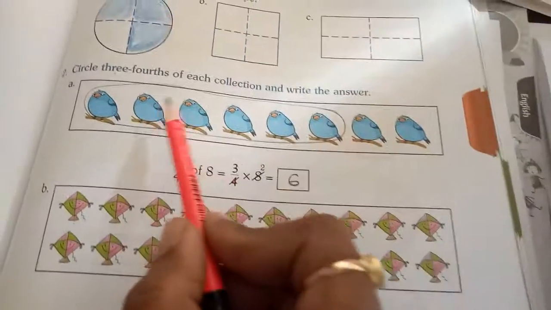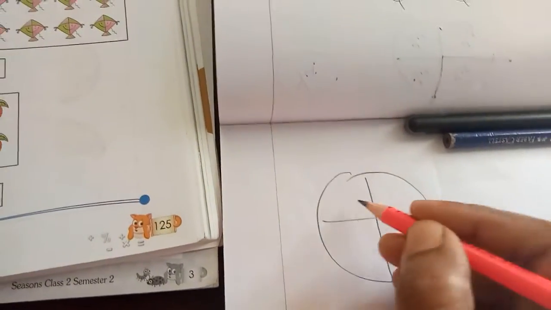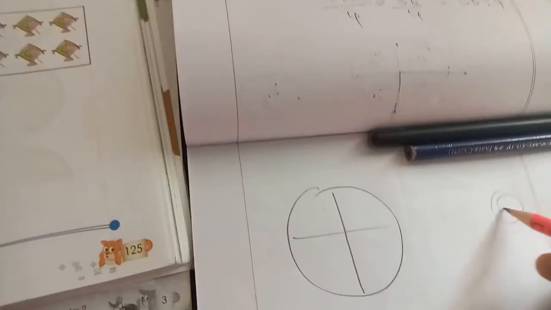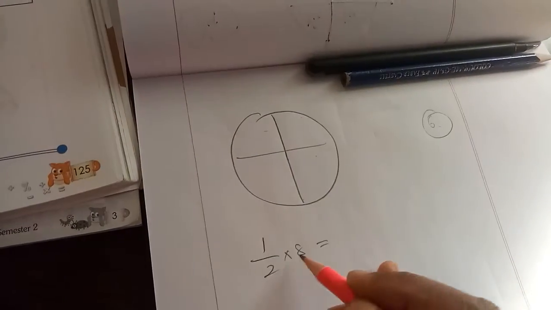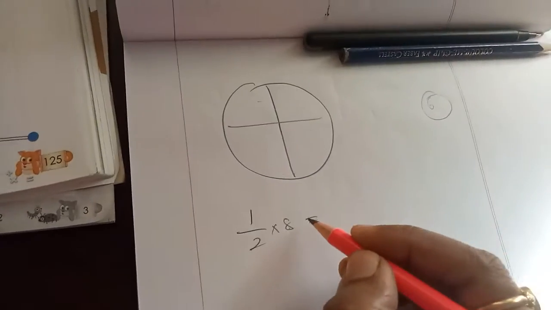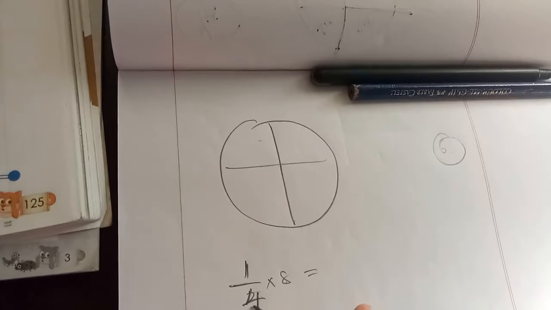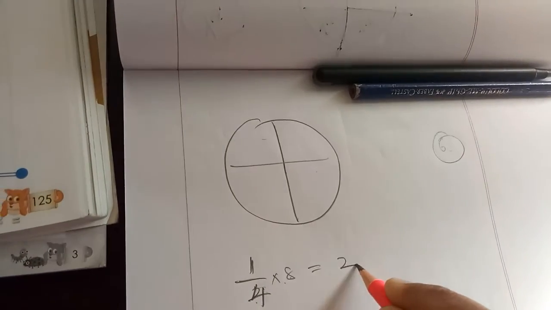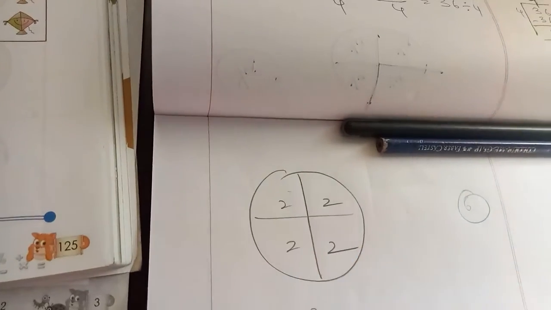Yes, children. Now if we do this, 8 into 3/4, how many birds came? 6 birds. If we do 1/4 into 8, 4 2s are 8, so 2, 2, 2, 2 will come.